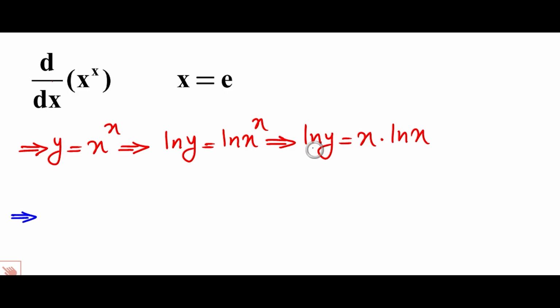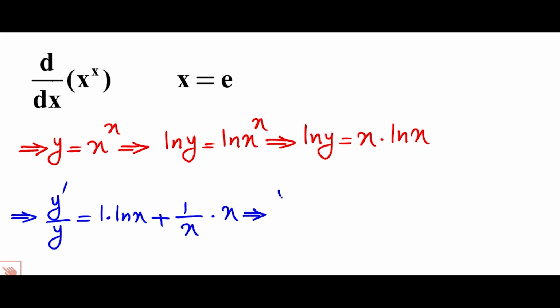So we have the derivative of ln of y, which is y prime over y, is equal to, we use the product rule, the derivative of the first, so the derivative of x is 1, times ln of x, plus the derivative of the second times the first, which means the derivative of ln of x is 1 over x, times the first, x.